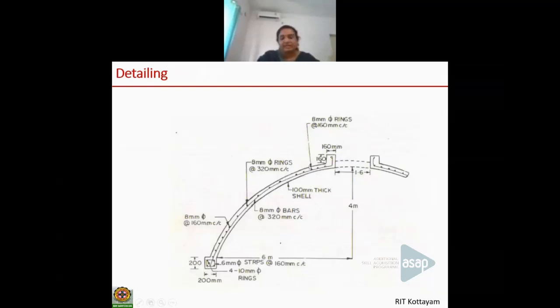This is the detailing, the final step of any design. So you can see that what you are seeing now, the lines are the meridional steel, the dots are the hoop steel.